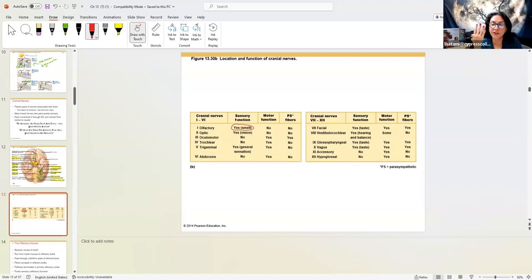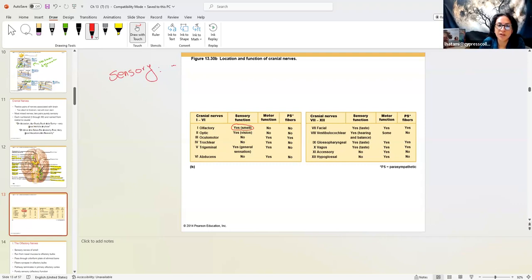We have 4 cranial nerves which can carry parasympathetic fibers. As you can see, cranial nerve number 1 is not one of them. We have 1 yes for the olfactory nerve, which means it carries the sensory information about smelling from our nose to the brain. So it's only sensory.